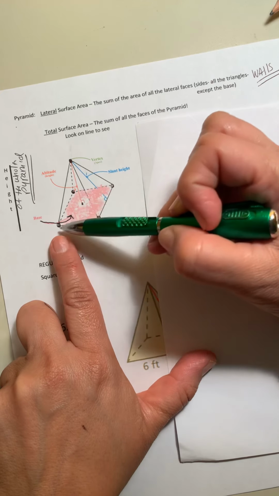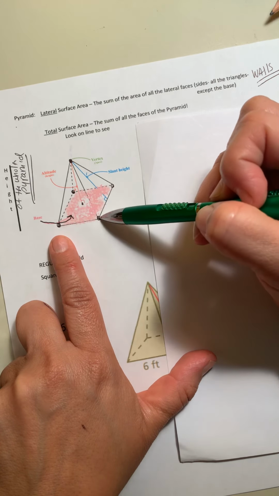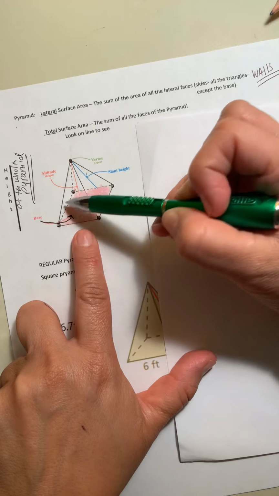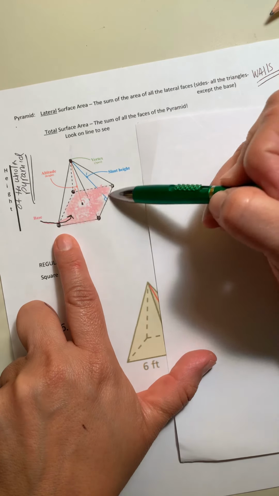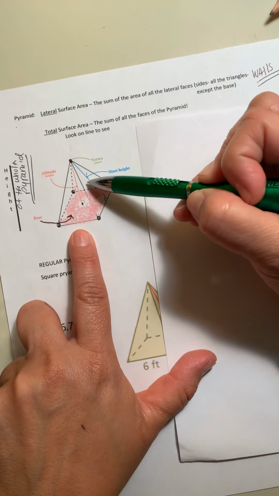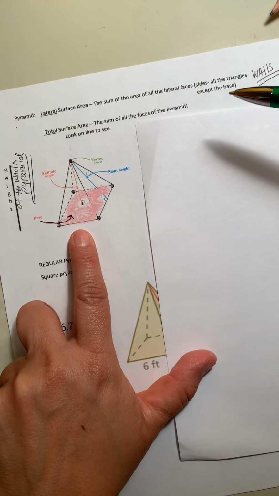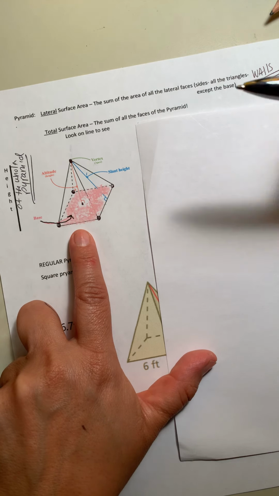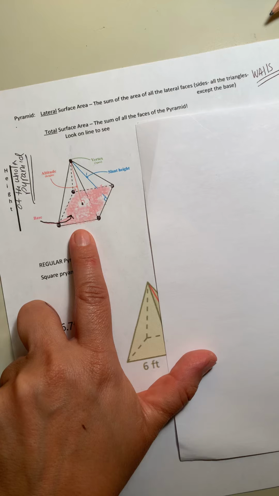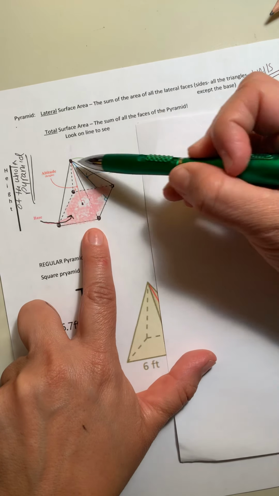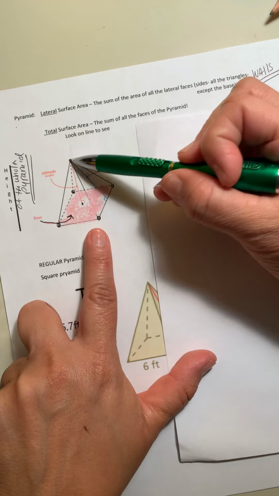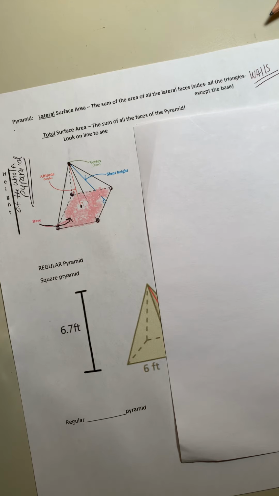Depending on how many sides your base has, that's how many walls you're going to have. Here I have a quadrilateral, so that means I have four triangles. If I had an octagonal pyramid, an octagon for a base, then I would have eight triangles going up to the apex, meeting up there at that same vertex.